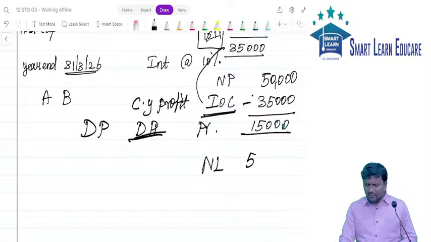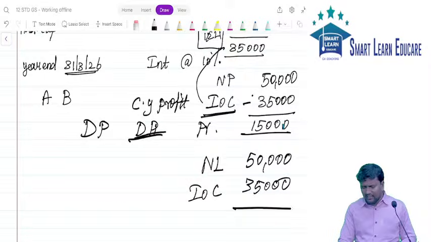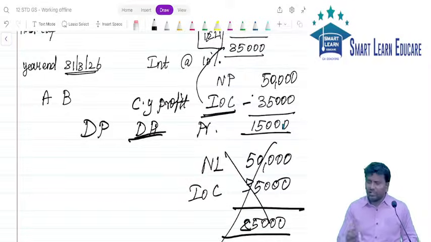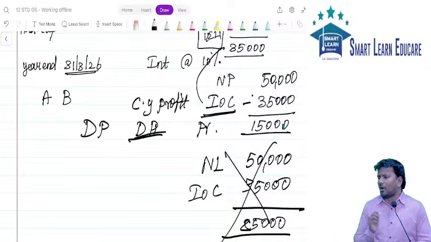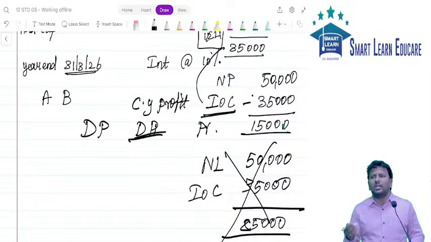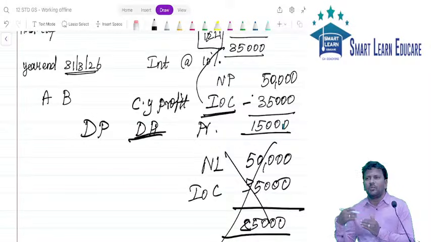Suppose, assume this is not net profit, it is net loss of 50,000. You cannot say net loss 50,000, interest on capital 35,000, total loss 85,000. Because interest on capital is called appropriation of profit. What do you mean by appropriation of profit? The term appropriation means distribution.